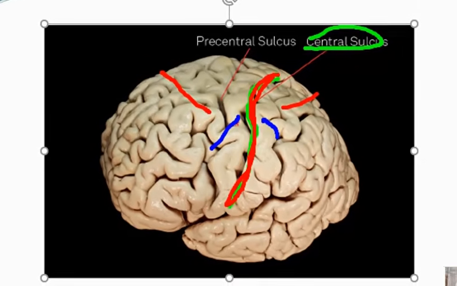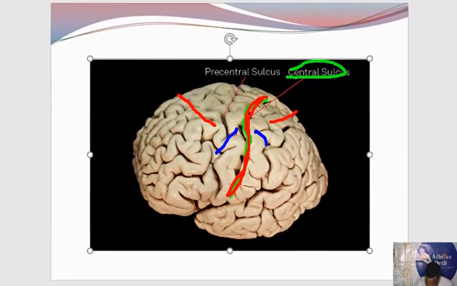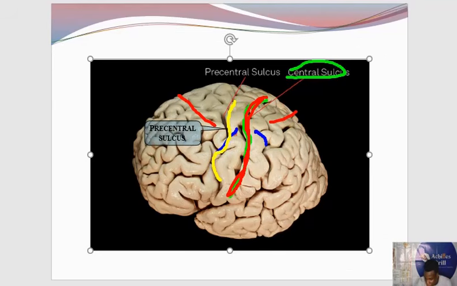Let me give that a yellow. Right here, anterior to the precentral gyrus is the precentral sulcus, and then posterior to the postcentral gyrus is the postcentral sulcus.